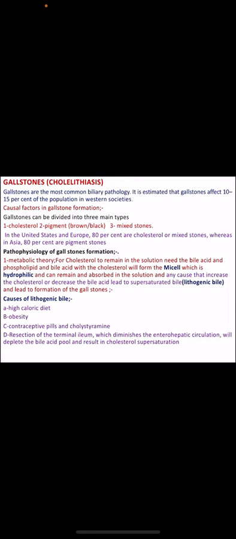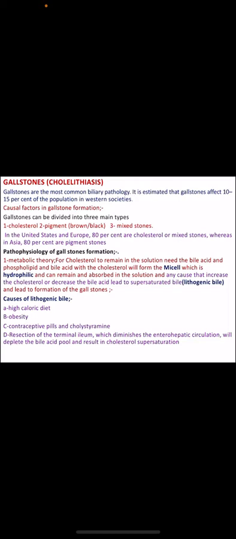What are the causes of lithogenic bile? Lithogenic bile can be caused by a high caloric diet, excess intake of carbohydrate. This leads to formation of supersaturated or lithogenic bile. Obesity: in obesity we have higher levels of cholesterol and triglyceride, and this means the bile in those patients is lithogenic or supersaturated. Contraceptive pills and cholestyramine lead to formation of supersaturated or lithogenic bile.